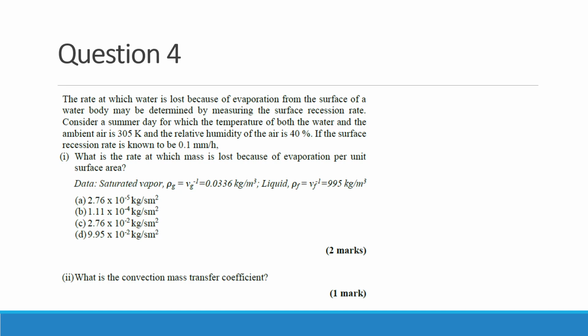Consider a summer day for which the temperature of both water and the ambient air is 305 Kelvin and the relative humidity of the air is 40%. If the surface recession rate is known to be 0.1 mm per hour, what is the rate at which mass is lost because of evaporation per unit area, and then what is the convective mass transfer coefficient?